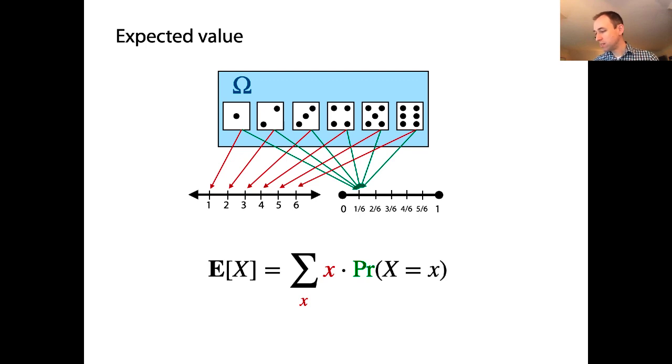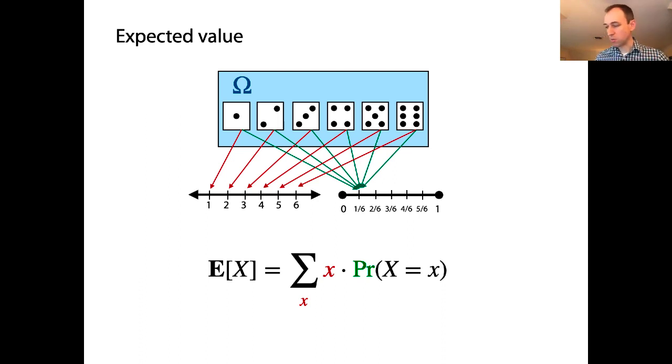So the mathematical definition of this weighted average would be to take the sum over all possible small x's of small x times the probability that big X equals small x. And it's simply that weighted average that we already discussed. Maybe the only thing you have to think a little bit about is what are the small x's that are being summed over?